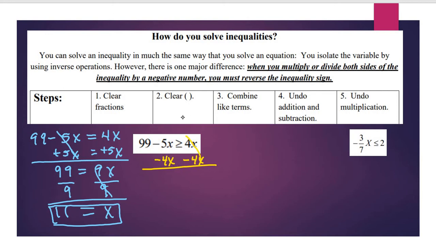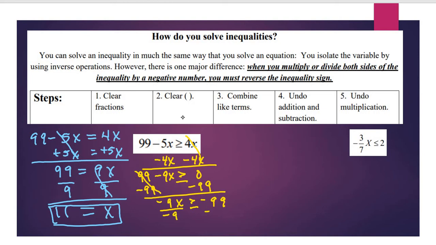So this will cancel out to 0, greater than or equal to negative 9x, and this is 99. Now I'm going to put minus 99, minus 99. This will cancel out, and I have a negative 9x, greater than or equal to a negative 99.